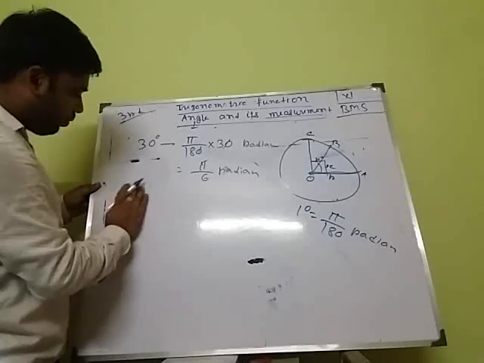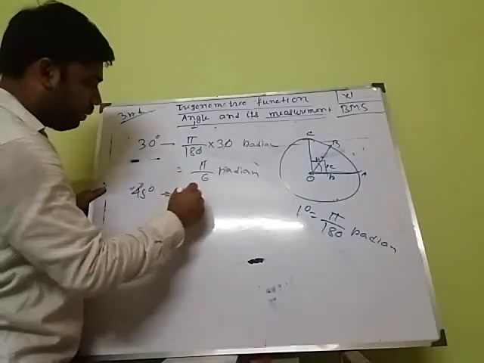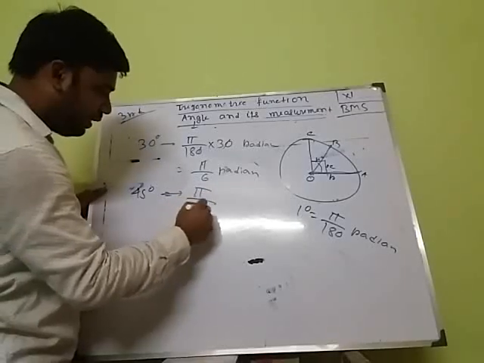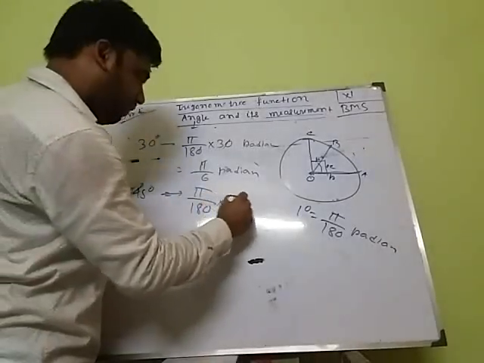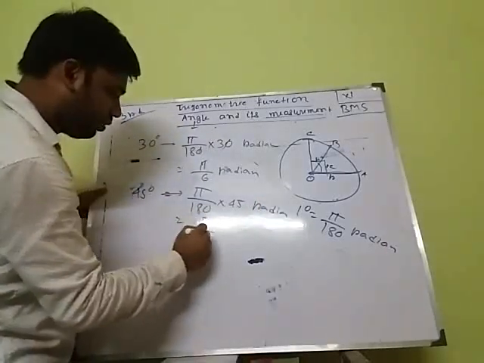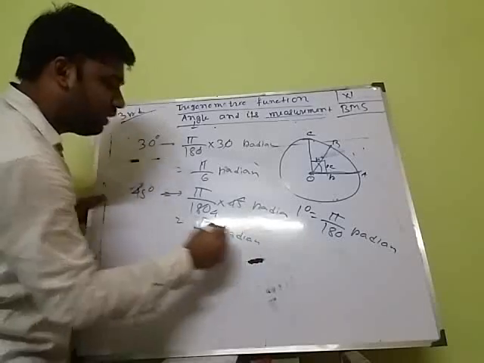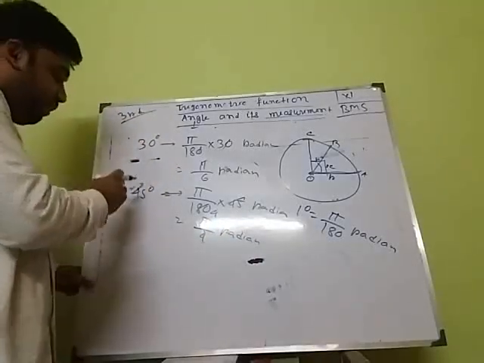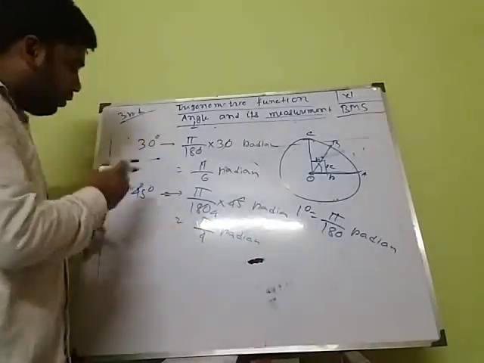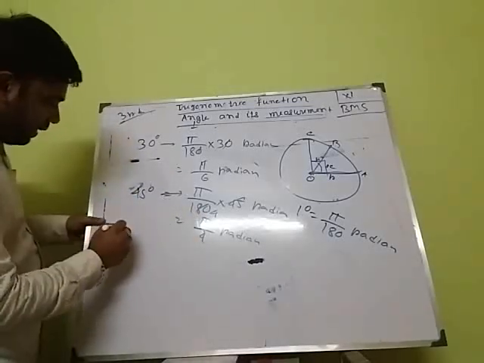Next, 45 degrees: pi by 180 into 45 radian, that is pi by 4 radian. We should use radians in place of degrees. 45 degrees equals pi by 4 radian.